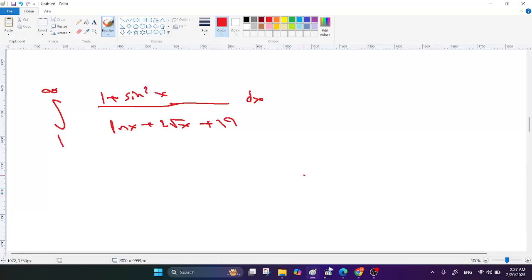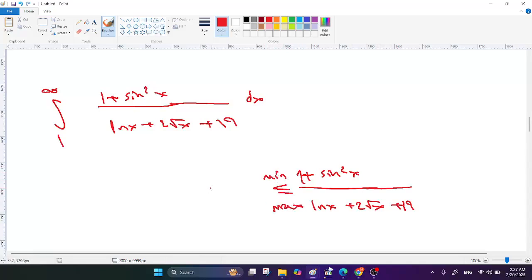So now we have 1 plus sine squared x over ln x plus 2 square root of x plus 19. So this here is greater than or equal to, minimize, maximize. So we need to minimize. Just remove this positive value here. Sine squared is 0 or positive. So this is greater than or equal to 1.